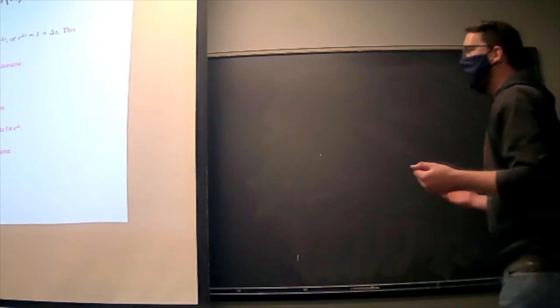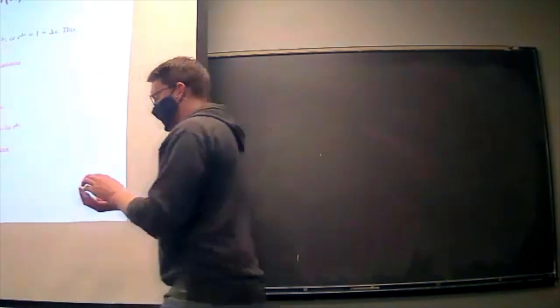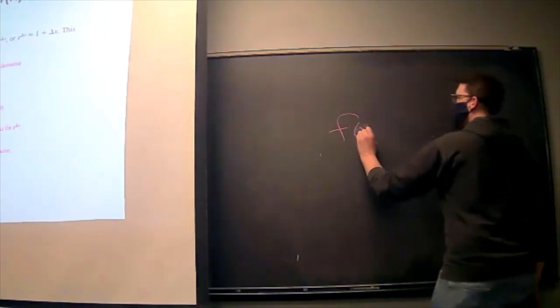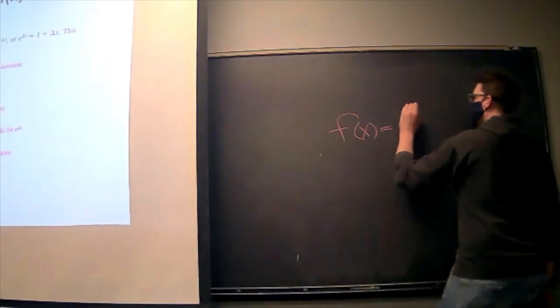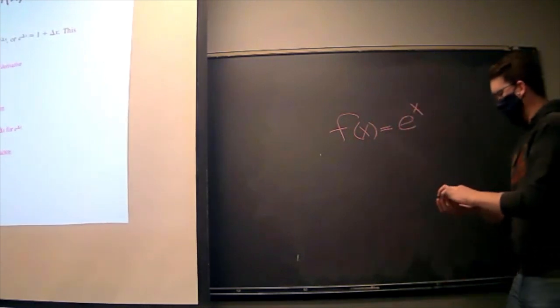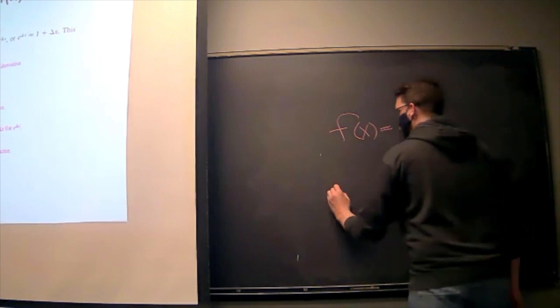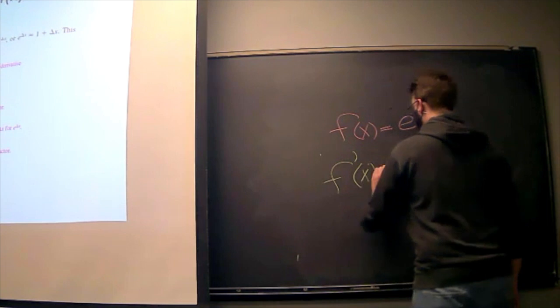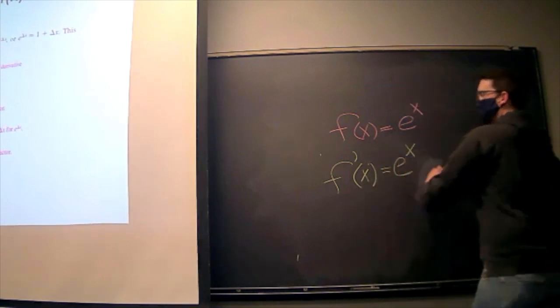Well, that means all that's left is e to the x, as delta x goes to 0. So the derivative of this function is itself.